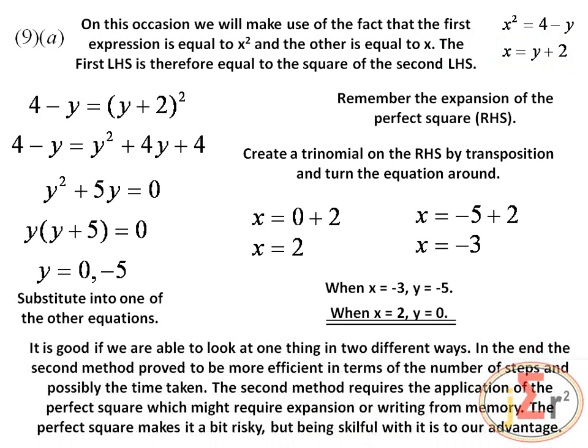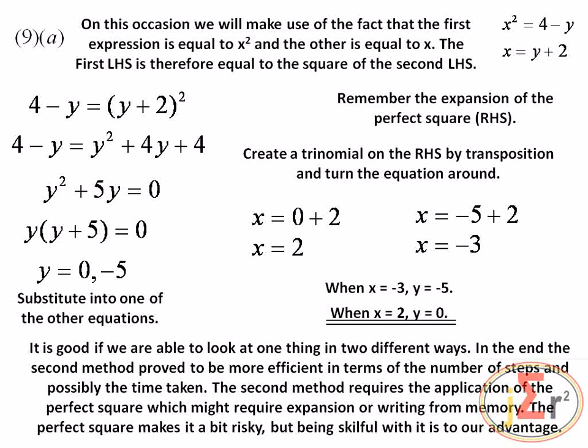It is good if we are able to look at one thing in two different ways. In the end, the second method proved to be more efficient in terms of the number of steps and possibly the time taken. The second method requires the application of the perfect square, which might require expansion or writing from memory.